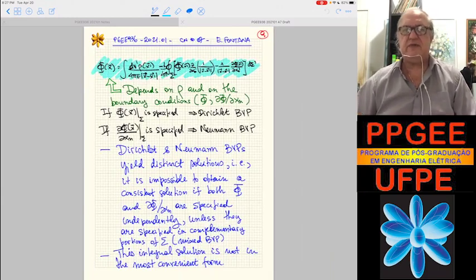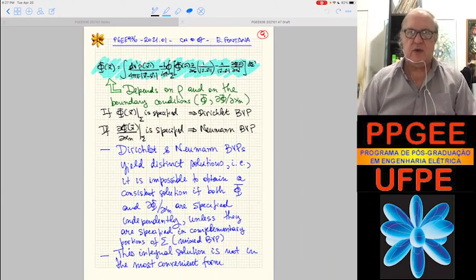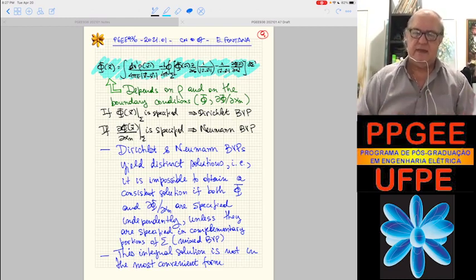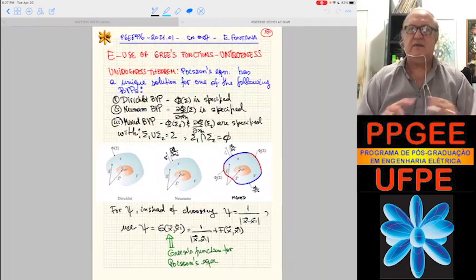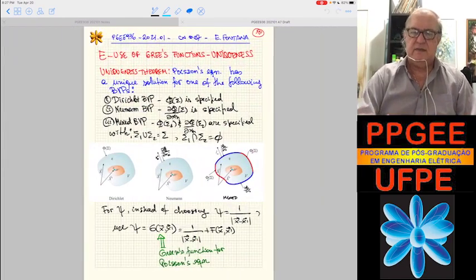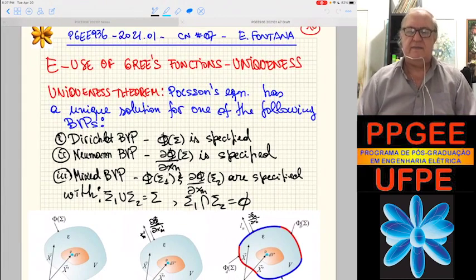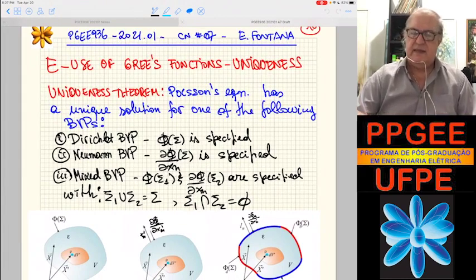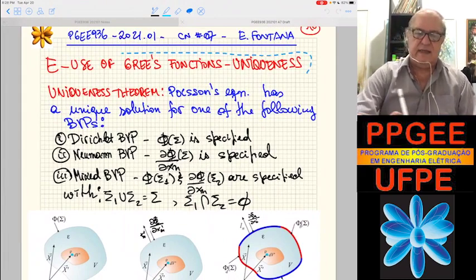So if we use an adequate choice for this auxiliary function, we can categorize the problem into Dirichlet or Neumann. This method is called the use of Green's function for solving the problem. And then we have also the uniqueness theorem.